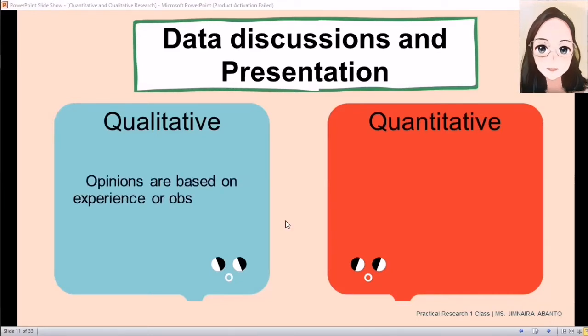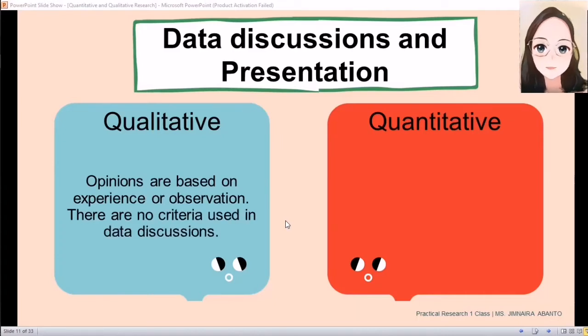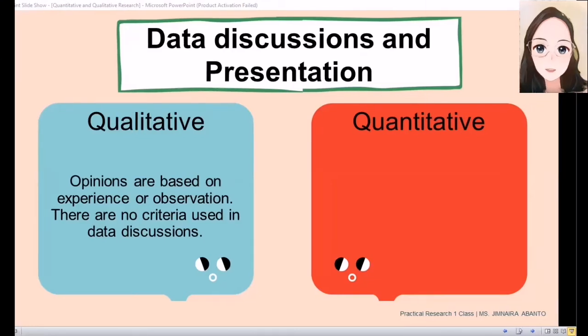So qualitative opinions are based on experience or observation. There are no criteria used in data discussion. In discussing the qualitative research data, arguments based on experience or observation are best expressed inductively, while arguments based on laws, rules, or other widely accepted principles are best expressed deductively.